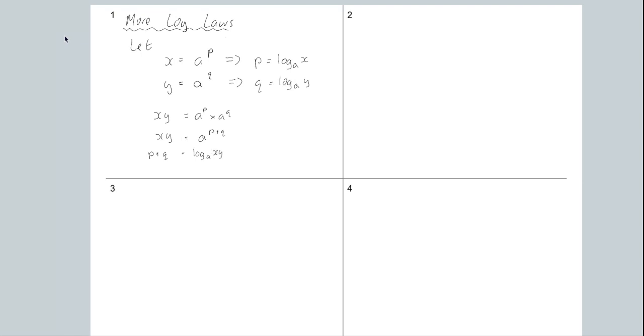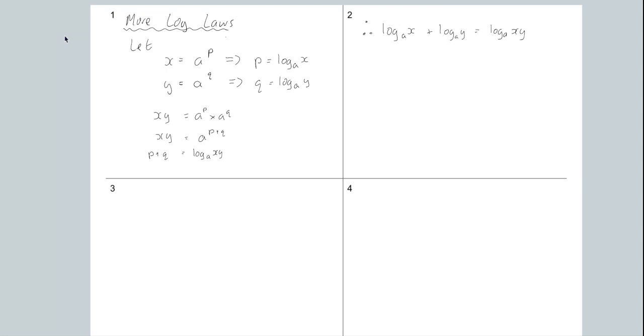Now, this is the special thing. Ready? What does p equal? Log base a of x. What does q equal? It's not too surprising when you think about it, really, that given that exponents add together when you multiply them, there's this relationship here that xy can be split into log base a of x and log base a of y.